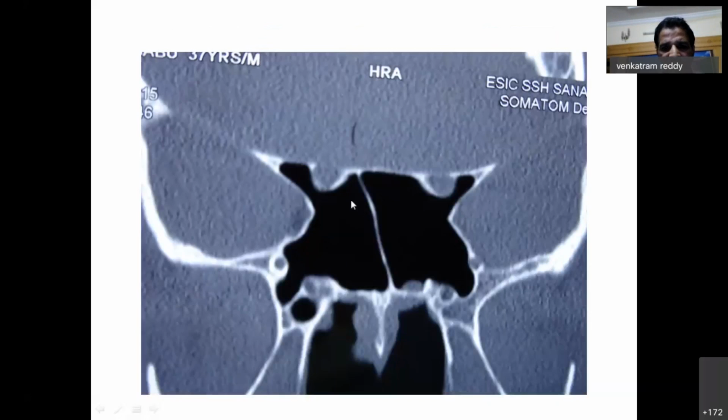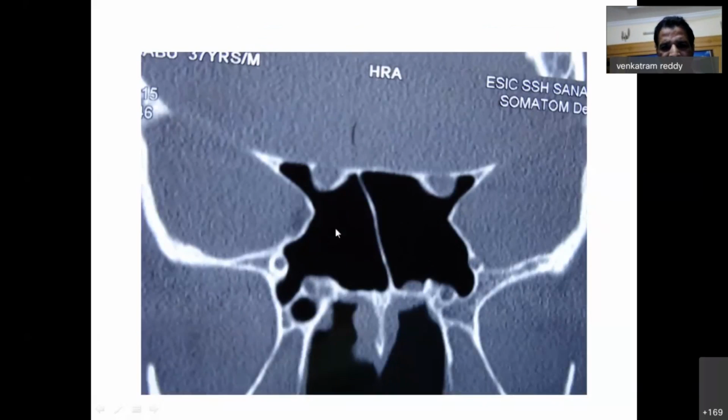Now you can see the highly pneumatized sphenoid where all the structures are bare. You can see these are the two optic nerves which are popping into the roof of the sphenoid, and this is V2, maxillary, and this is the vidian. So you have the lateral recess here, lateral recess of the sphenoid. This is V2 and the vidian.